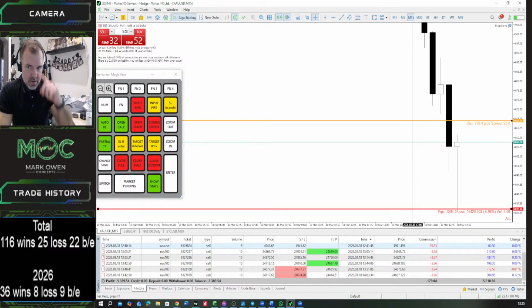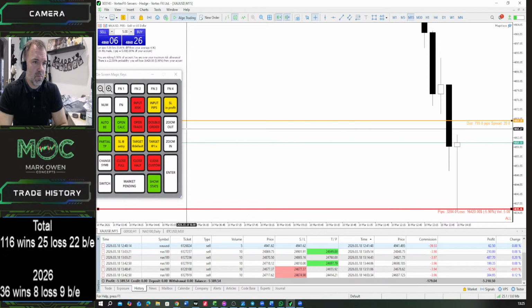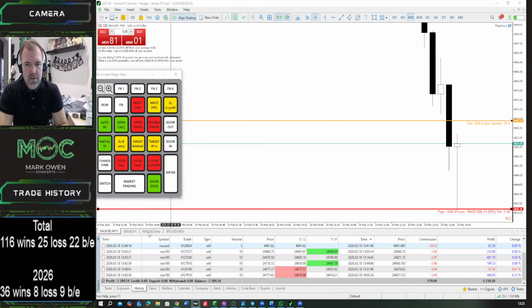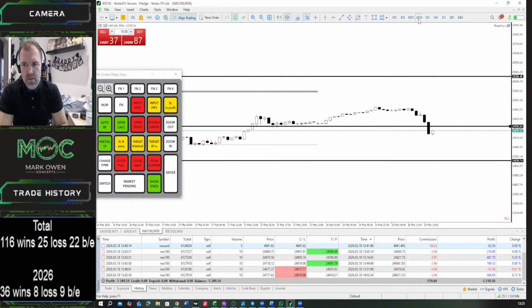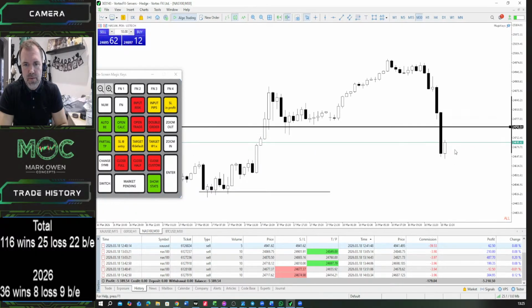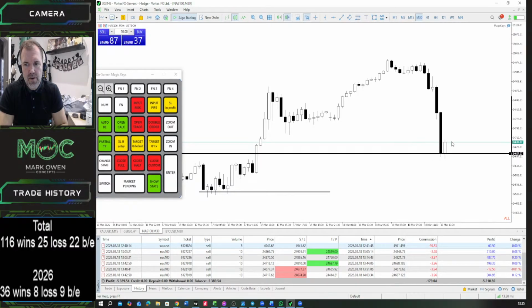So the 30-minute on NASDAQ looks bullish. If NASDAQ's looking bullish, then we're probably going to see gold start to spark a little bit. My problem with buying NAS here is it's not come off anything.